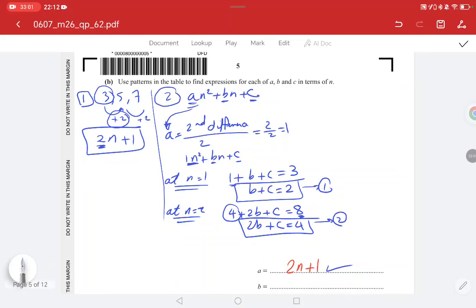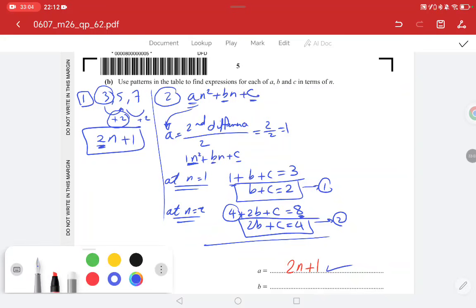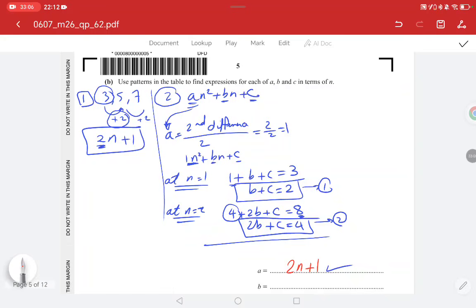Let's subtract them. When you subtract this equation from this one, 2b minus b is b, and c minus c cancels, 0. 4 minus 2 is 2. So b is 2. Then if we substitute in this one, b is 2, plus c equals 2, so c now equals 0.